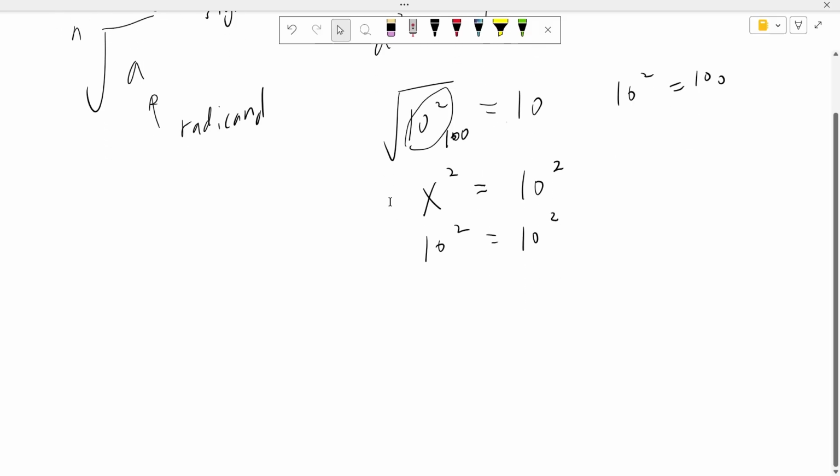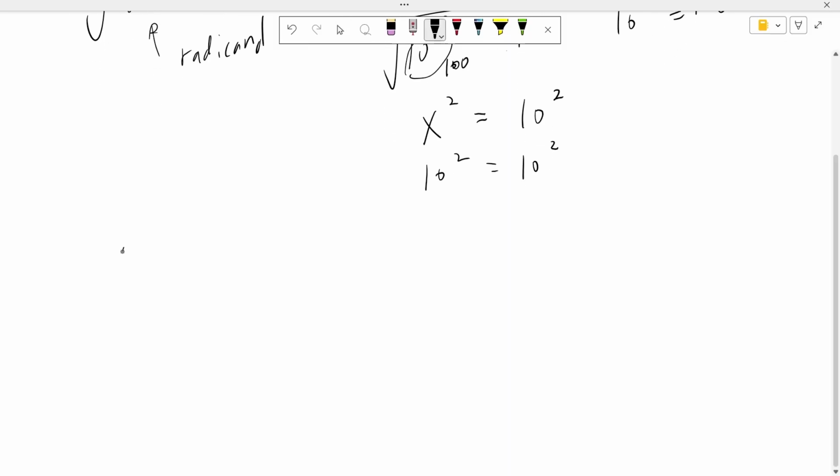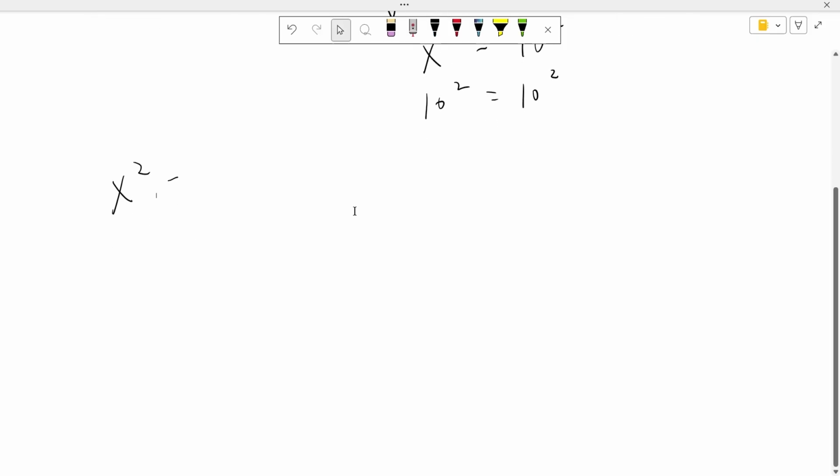And maybe I'll show you why that is here. When you square a number, what happens? Let's say x is 10 and you square it. What you get is 100, right?